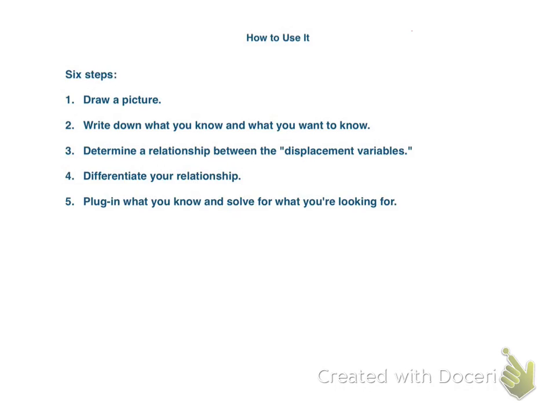So what we have to do is find a relationship between what I call displacement variables. These aren't rates. When you see a rate in the related rates question, it's going to be a dx/dt kind of rate.